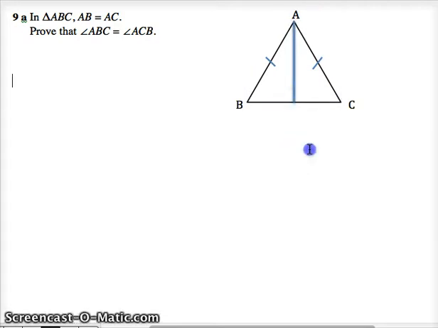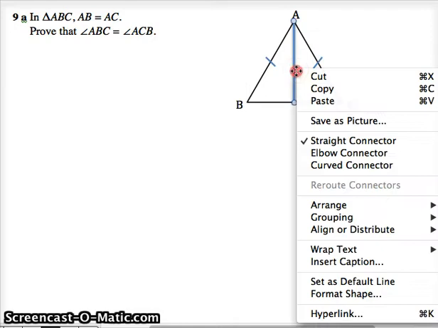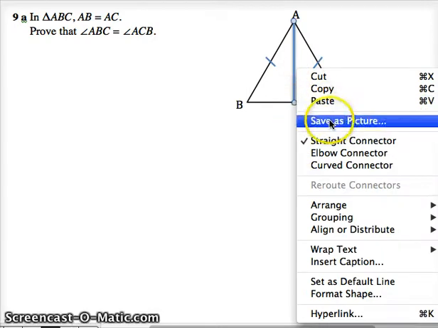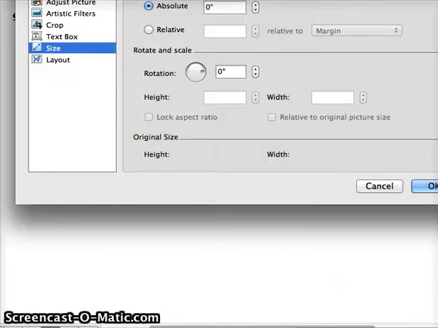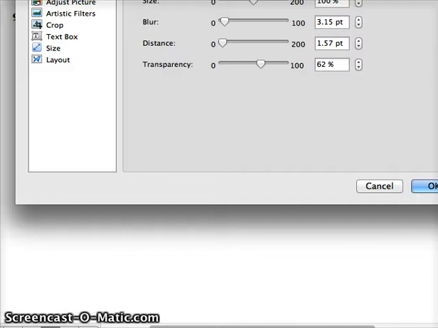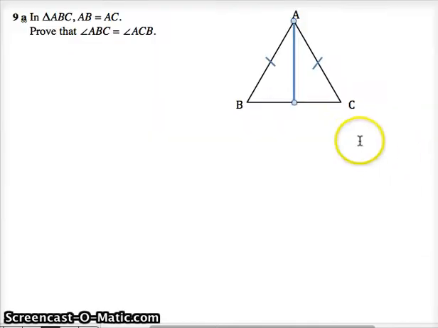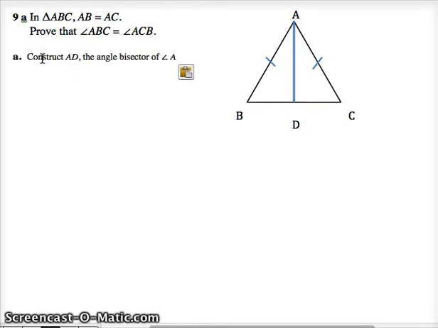I'm going to call this line AD, and it goes from A down to the base D, and it's the bisector of angle A. So we need to say that we've done that. The first bit of our solution is to say construct AD, which is the angle bisector of angle A.